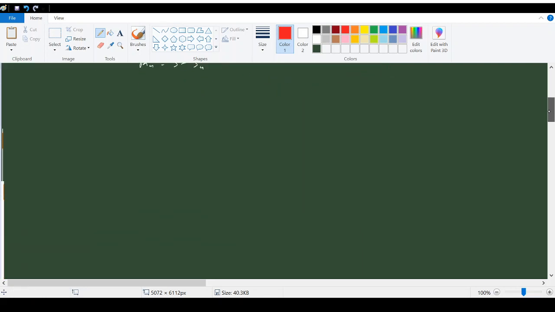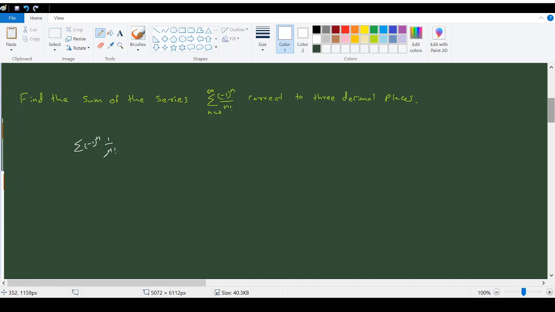Right, let's do an example on this one. The problem is to find the sum of the series correct to 3 decimal places. First of all, by using the alternating series test, we can prove the convergence of this series. We can rewrite the series with 1 over n factorial equal to Bn.